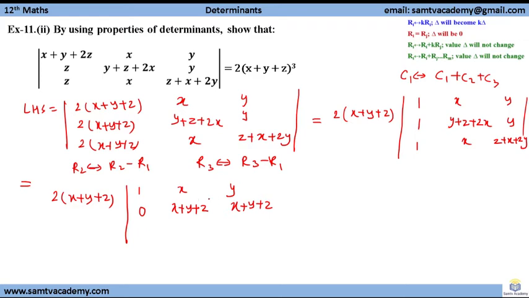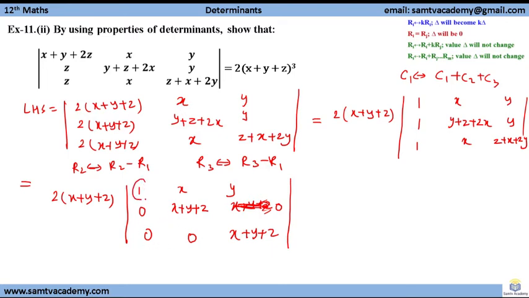Oh sorry, we are subtracting R1. So this will be, one second, this will be 0. Now if we subtract R1 from R3, this will be 0. This is 0, and here we will get x plus y plus z. So here all the terms are 0.